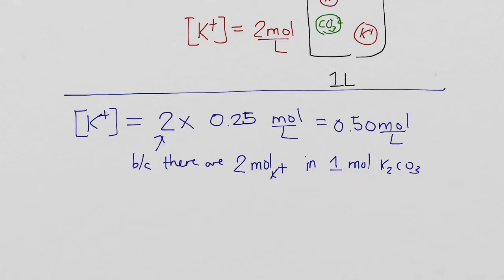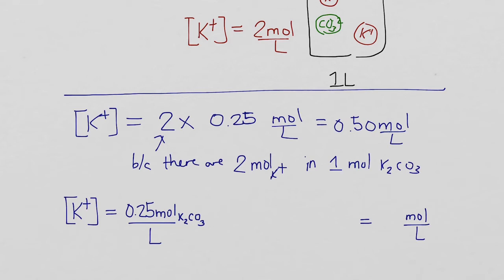So the second way of doing this is to start with 0.25 moles per liter. But again, this 0.25 moles per liter is referring to moles of the ionic compound itself. That's not what we want in the end. The question is asking for concentration, so moles per liter, of potassium ions.